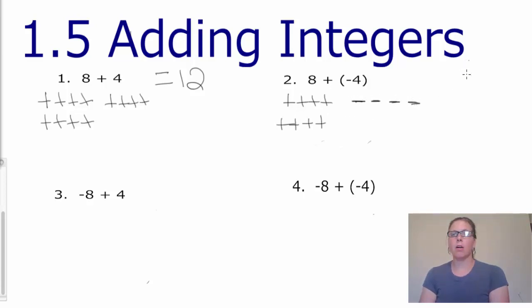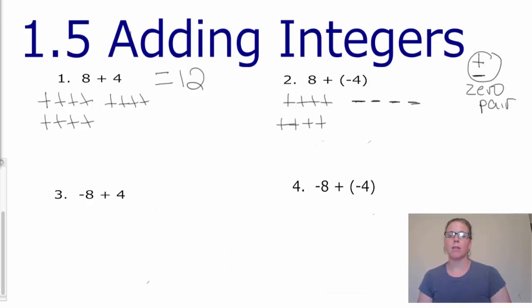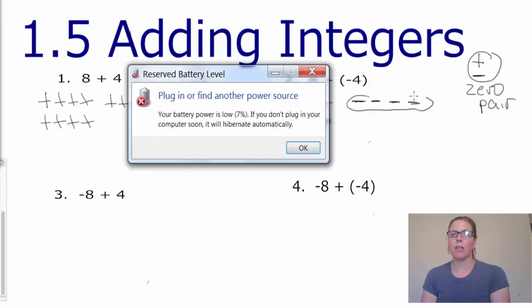And remember that a positive and a negative together make a 0 pair. So they cancel out. If I have 4 negatives, I can cancel out 4 positives with it. And what am I left with?